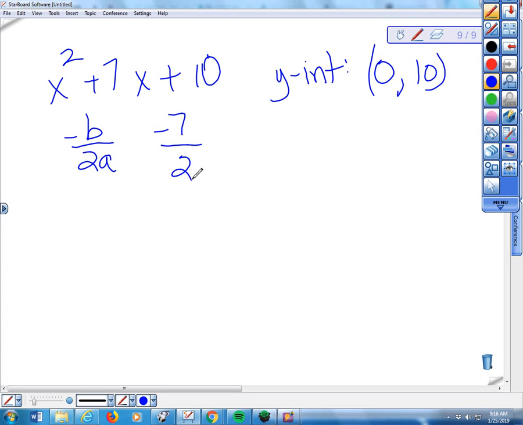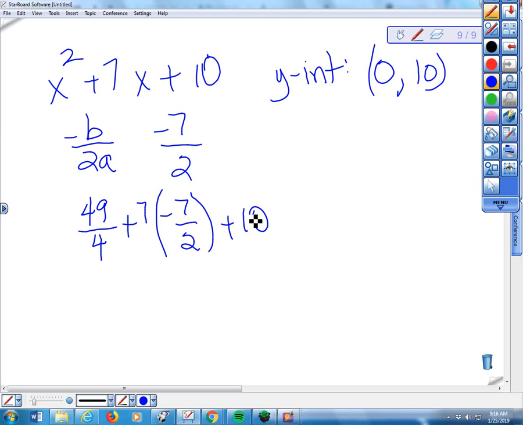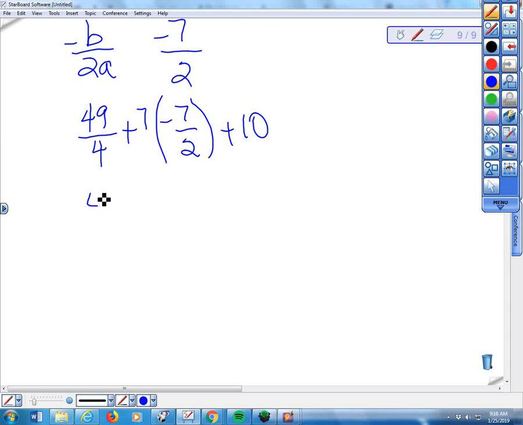But I don't know what the y-coordinate is until I plug that back in for x. So negative 7 halves squared is 49 fourths, plus 7 times negative 7 halves, plus 10. 49 fourths minus 49 halves plus 10.